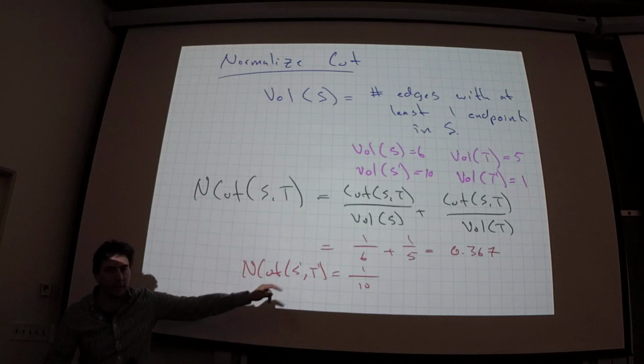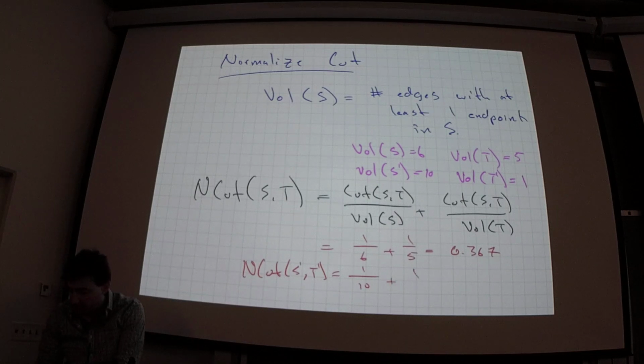So this term is smaller than before, but this is now 1 over 1. So this is going to be about 1.1.